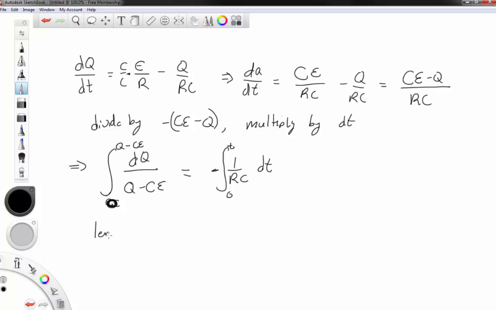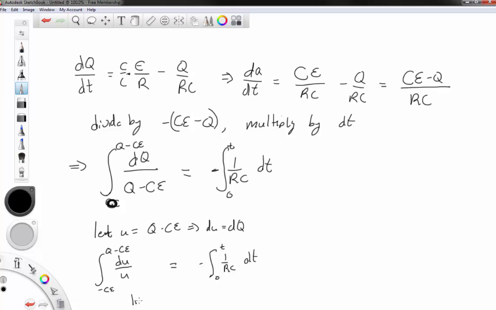We're going to do a u substitution. That means let u equal q minus C epsilon. Therefore, du is equal to dq, and what we have here is an integral of du over u, and these limits of integration, for what it's worth, would be from negative C epsilon to positive q minus C epsilon, and that's got to be equal to negative 1 over RC from 0 to t dt.